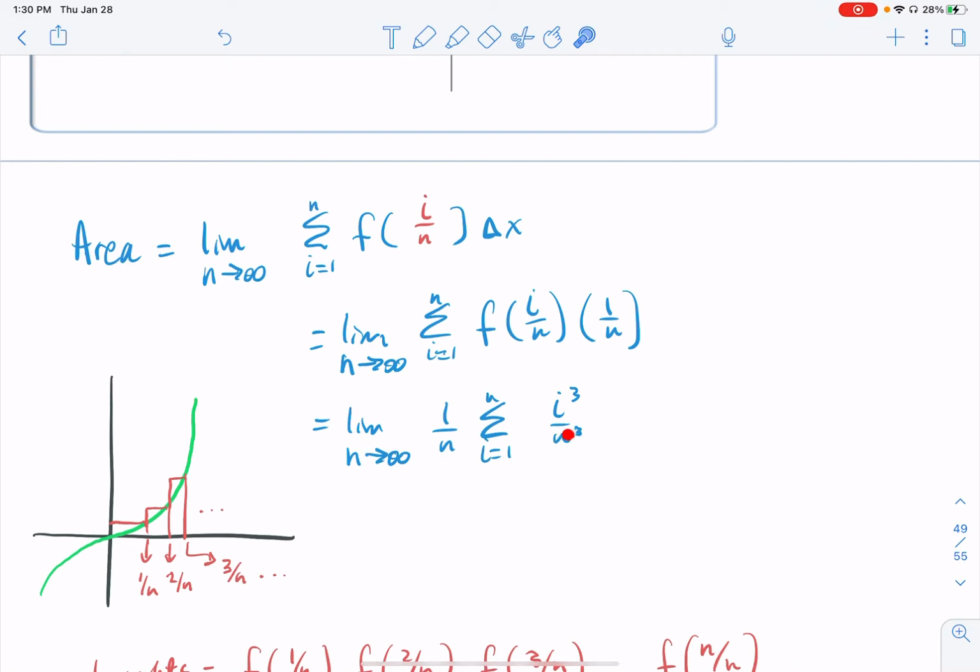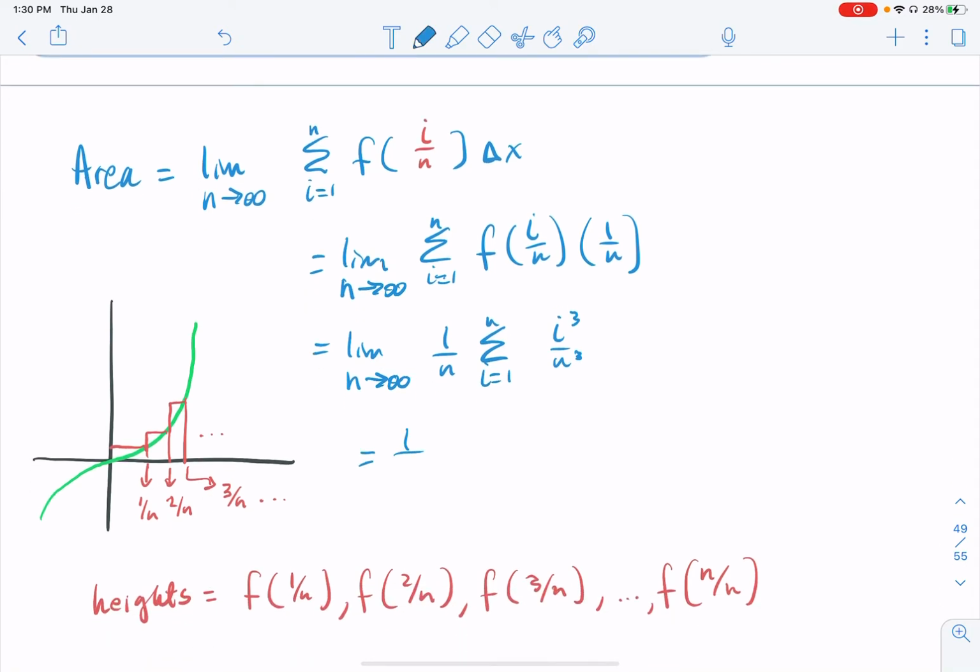I can take this n cubed and bring it out to meet this 1 over n that's right here. Limit as n goes to infinity, 1 over n to the 4th this time, sum i equals 1 to n of i cubed. I think that we have a formula for i cubed.